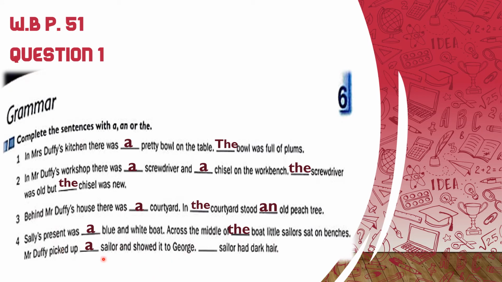We mentioned this sailor for the first time, so we have to put a. Then in the second sentence we mentioned the sailor again, so we have to put the: the sailor had dark hair, because we know which sailor we are talking about.